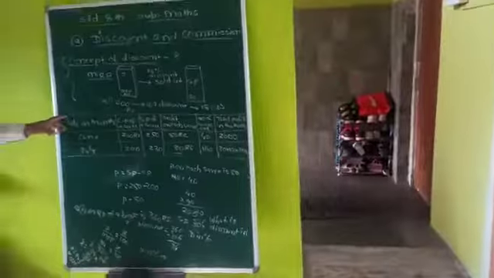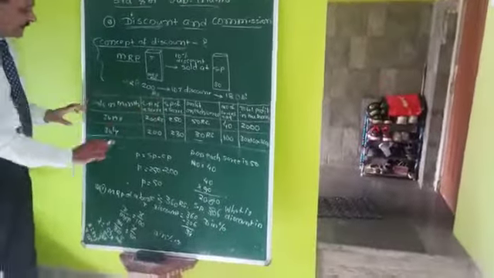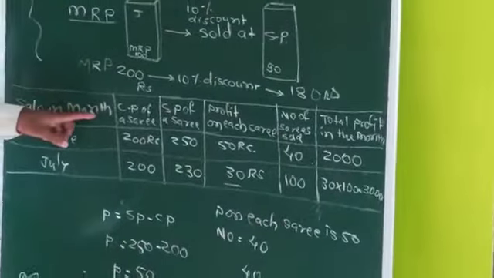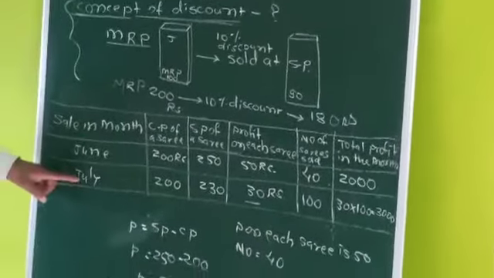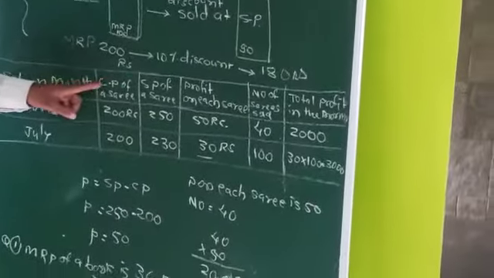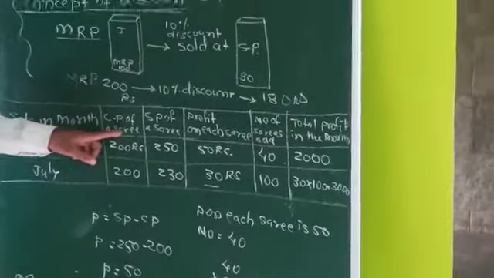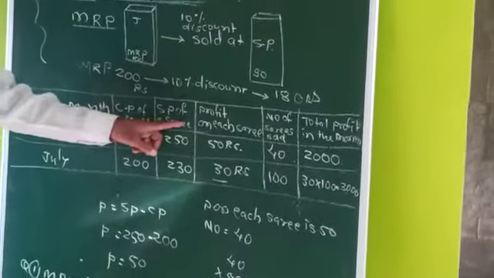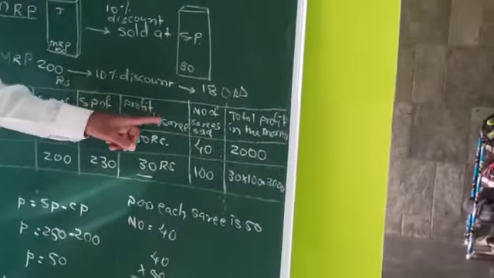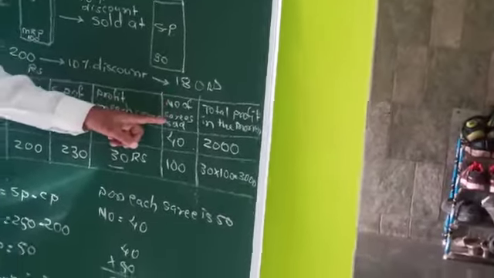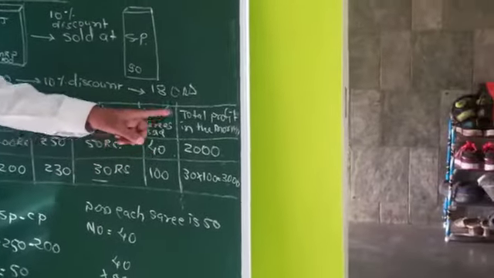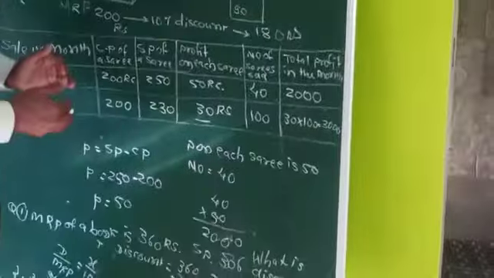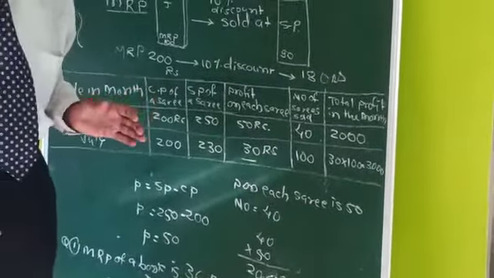Now children, here I have given one chart. There it is written sale in month June and July. CP means cost price of a saree, SP means selling price of a saree, and profit on each saree, number of sarees sold, and total profit in that month, in the month of June or July.